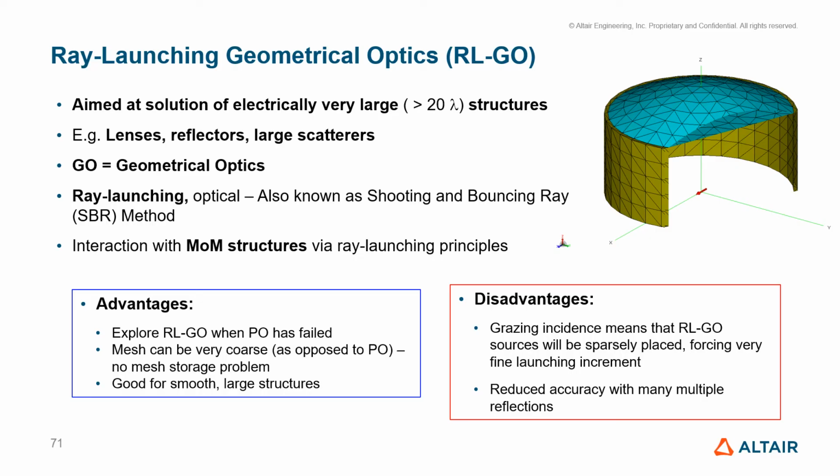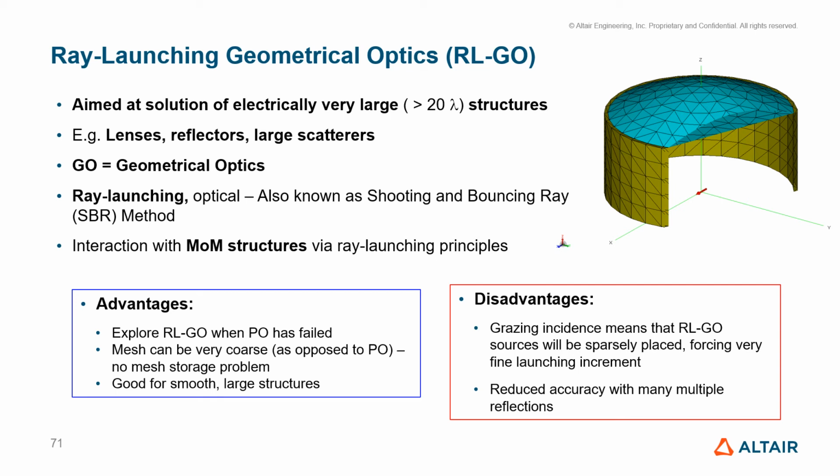RLGO, or ray launching geometrical optics, is used for electrically very large structures, and also when you look at PO, it may be very good for conducting objects, but RLGO can be good for dielectric objects as well. So it's used for lenses, reflectors, large scatterers as well.